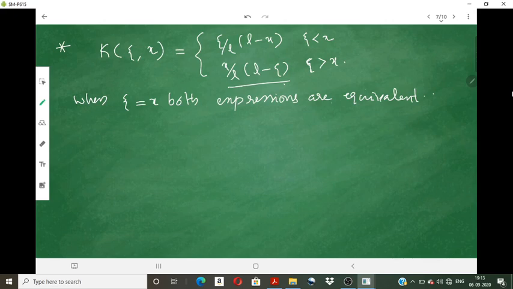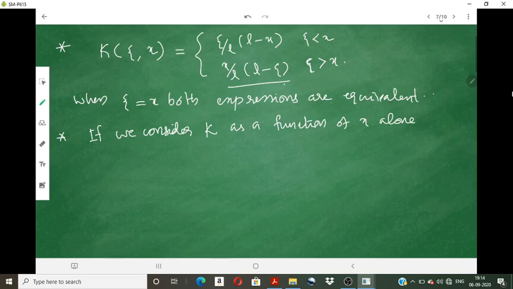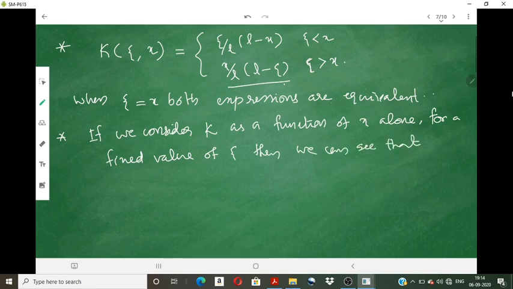Next point, if we consider k of x theta as a function of x for a fixed value of theta, we will rewrite the equation for the kernel once again.